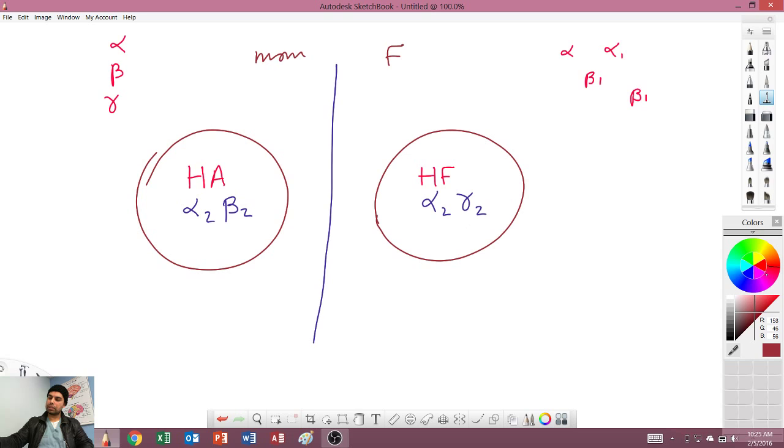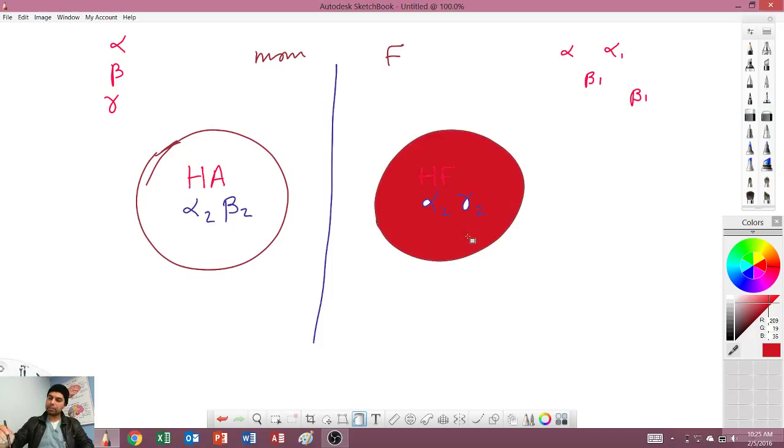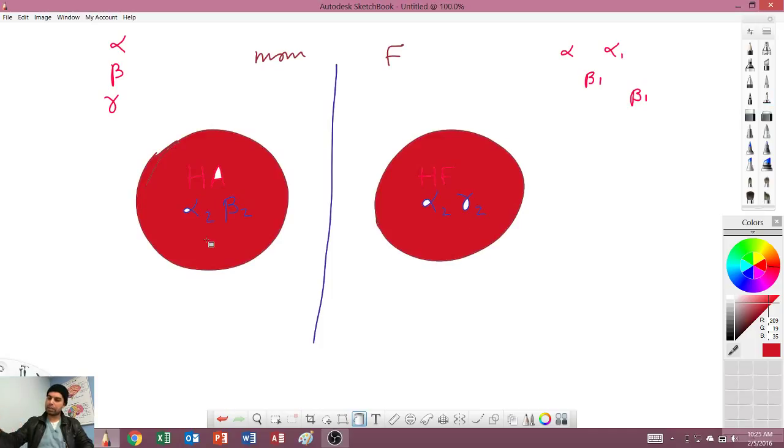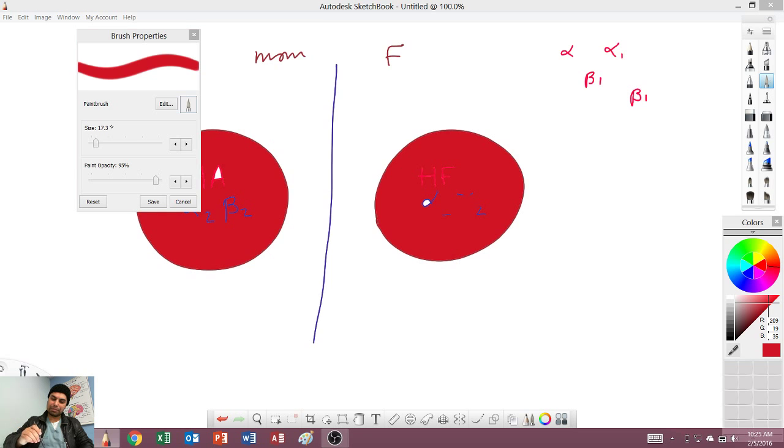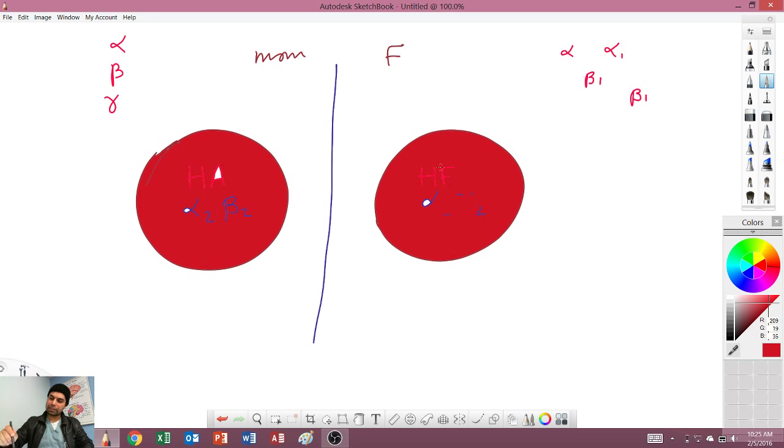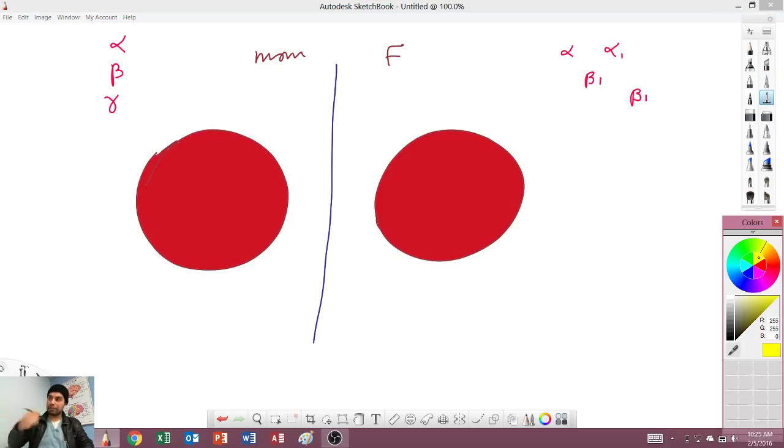RBC. They're not just freely floating. Remember that. So the hemoglobins are within RBC. Let me quickly use a different color. So the hemoglobin are locked in within RBCs. If you understand this, then I think your question will be answered without even me answering it.